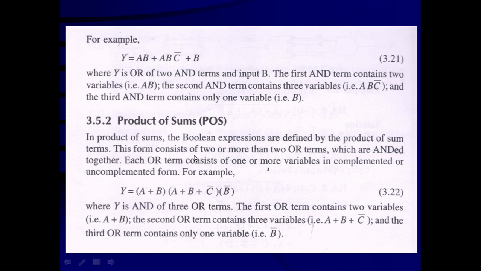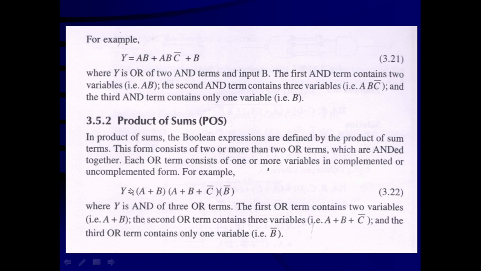This form consists of two or more OR terms, which are ANDed together. Each OR term consists of one or more variables, and these variables may be in complemented or uncomplemented forms.